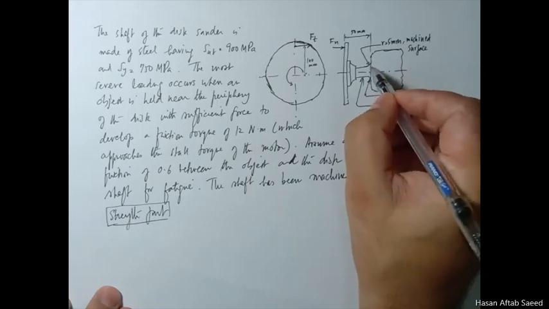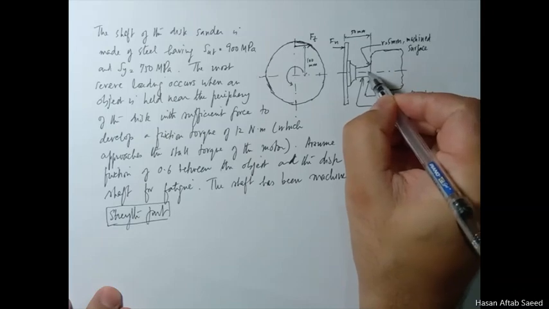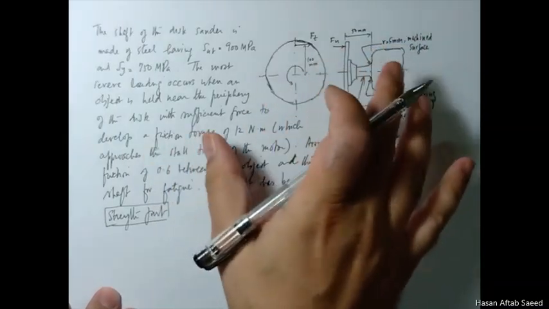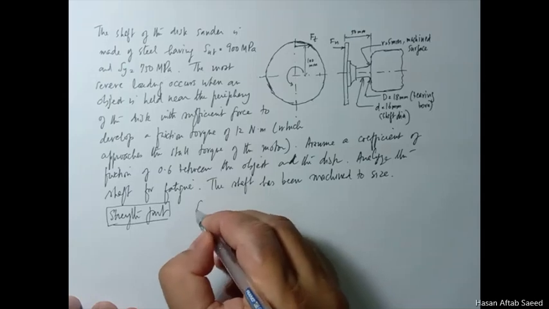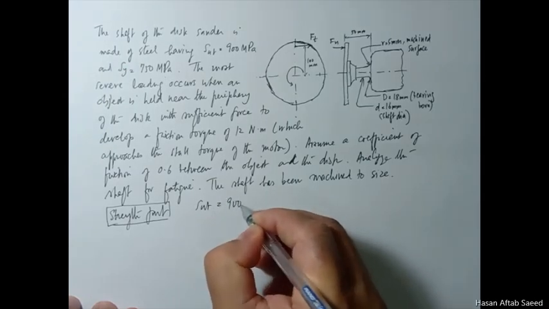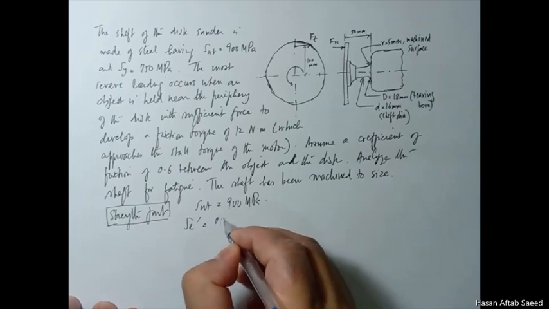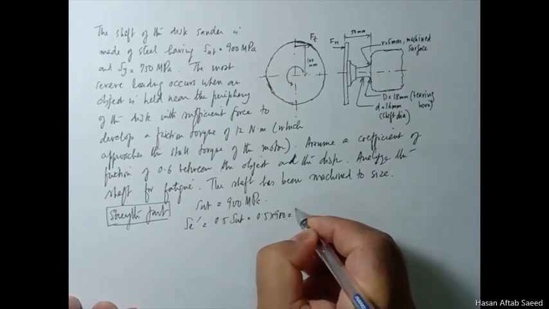If you have a free body diagram, if you cut it here, there will be a compression here, there will be a torsion here, there will be bending, two components of bending, and we'll discuss it. So it's a problem where we have combined loading.